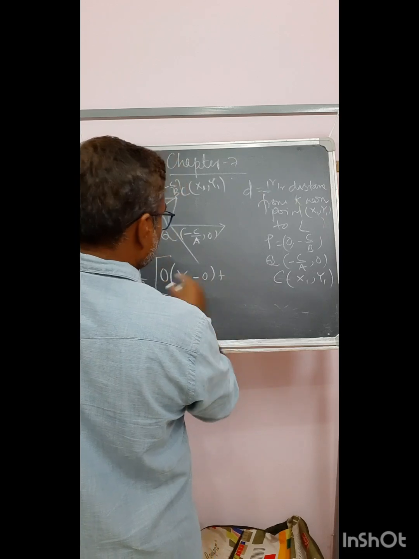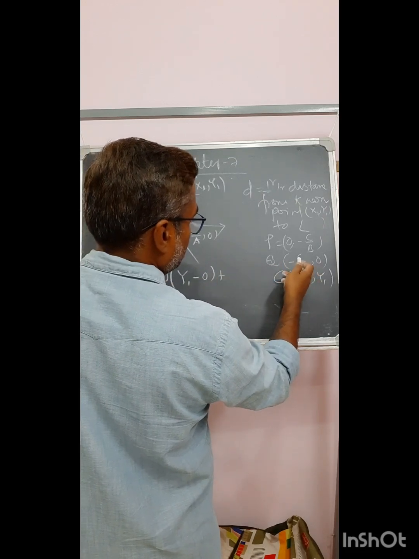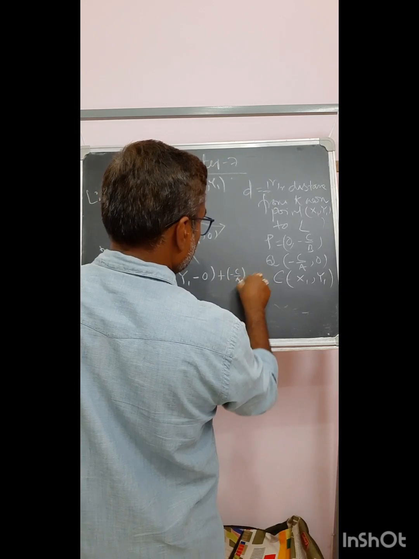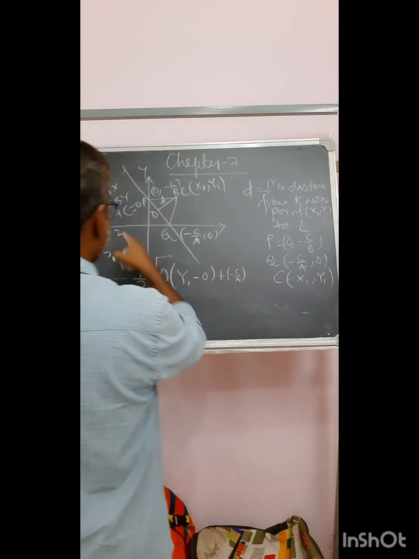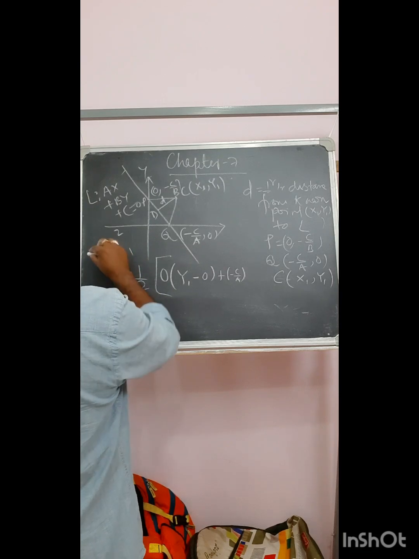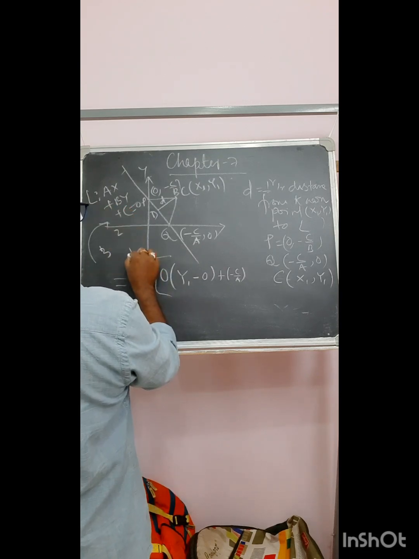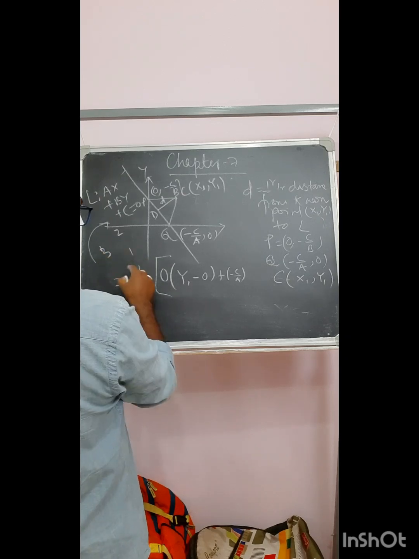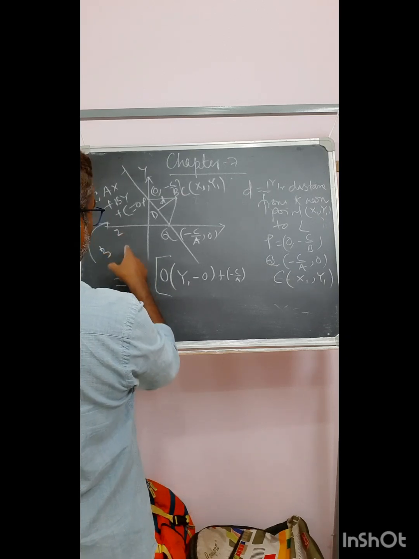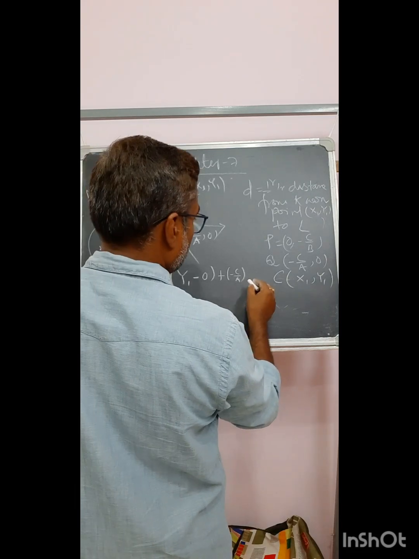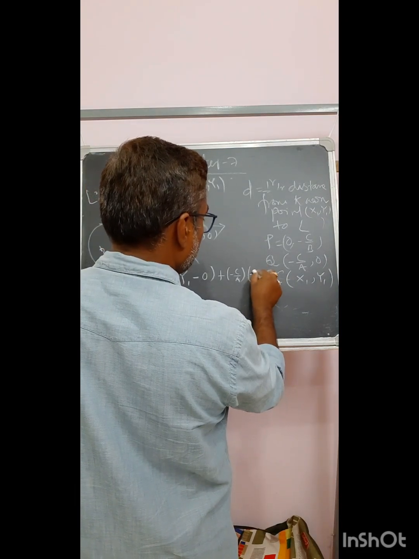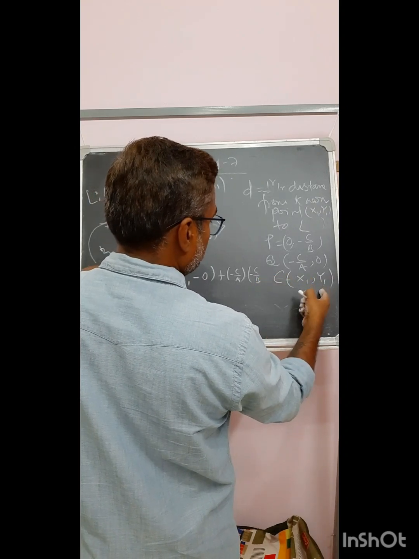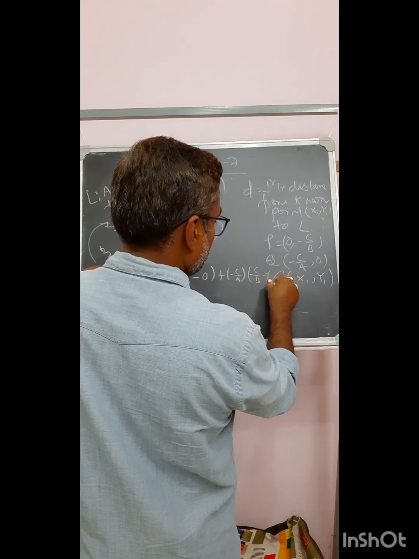Then x2, which is minus c by a, into y1 minus y3, because I'm going clockwise. Here y1 is minus c by b, and y1 minus y3 is equal to y1 minus y1.